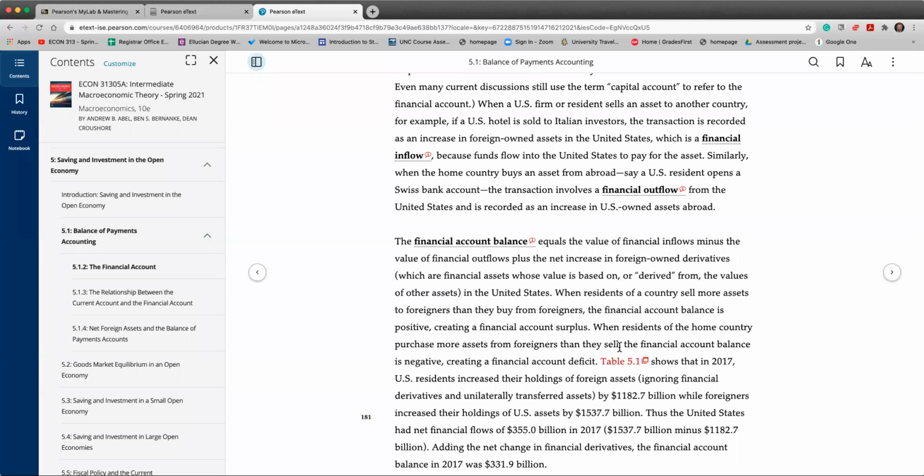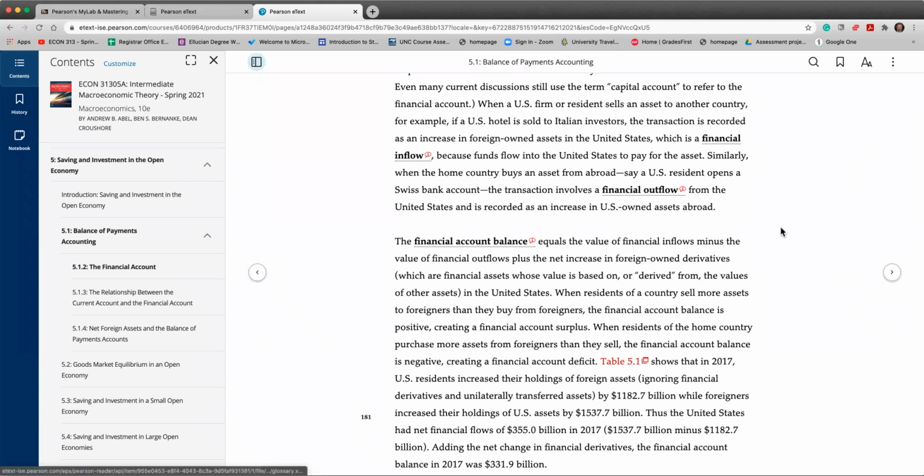And the dollars are flowing in, right? You see outflow or inflow. It's where the funds are going, where the dollars are going, that's what's getting accounted for in the balance of payments. Okay, so like it says here, when the home country, let's call it the US, buys an asset from somebody else in another country, in this case a Swiss bank account, but it could be buying stocks in Germany, whatever, some kind of financial transaction.